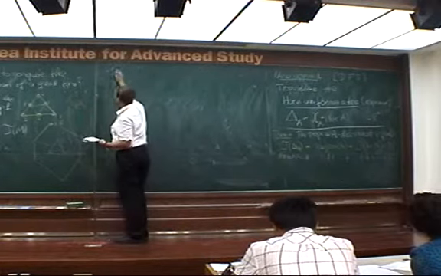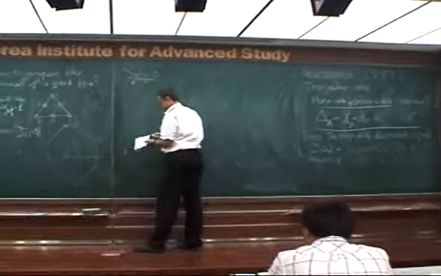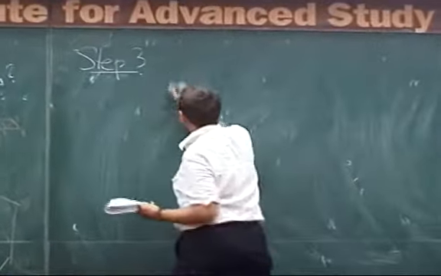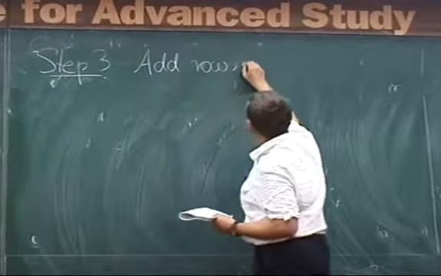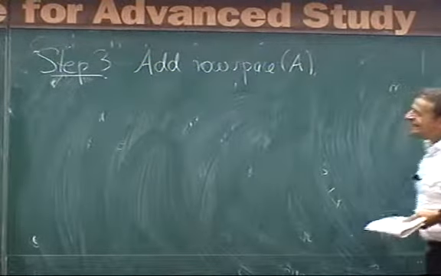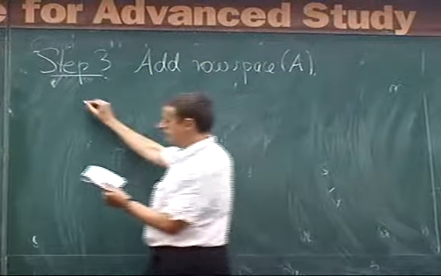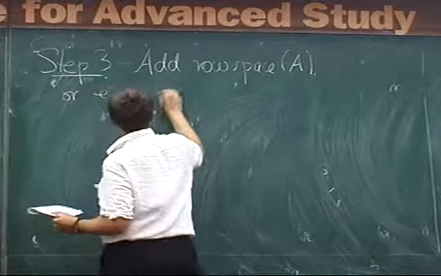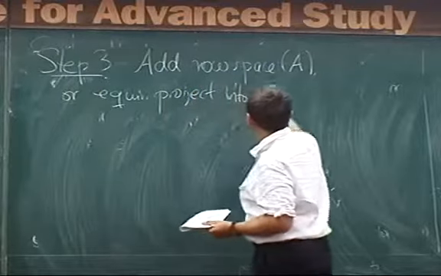So step 3 is to add the row space of A. Now, it's actually equivalent, or equivalently, project into the quotient.